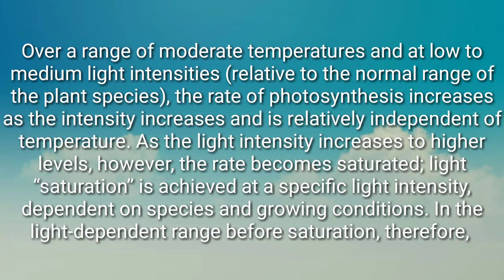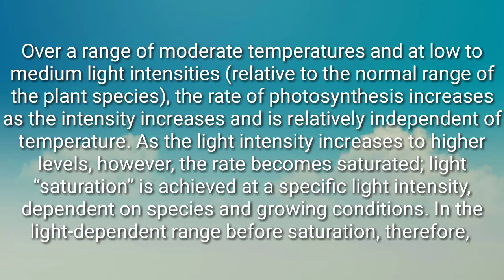Over a range of moderate temperature and at low to medium light intensity relative to the normal range of the plant species, the rate of photosynthesis increases as the intensity increases and is relatively independent of temperature. As the light intensity increases to higher levels, however, the rate becomes saturated.